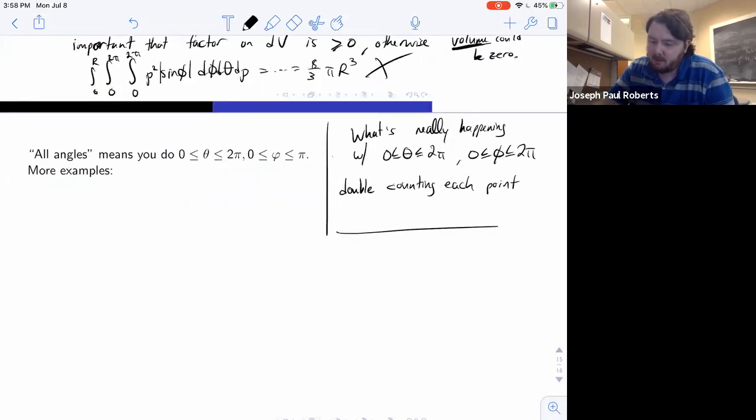Let's say this is my x-axis, my y-axis is going into the page, and my z-axis is here. Let's say I have this point on the unit sphere.